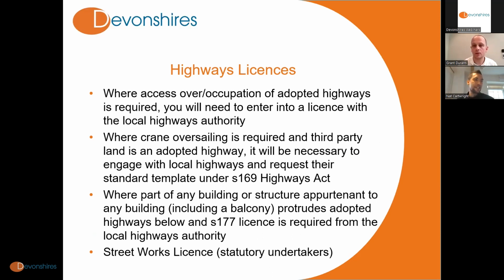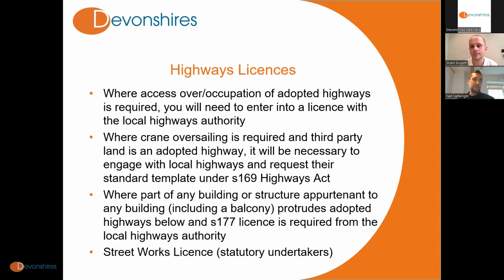It'll also set its own fee for a scaffolding license or an oversailing license, and that'll be in connection with a specific time frame. So if you need longer than that time frame, they would just increase the fee, but it's usually set out in quite a clear table structure on their website. So if you go on any local authority website, you can usually find a link to their highways template licenses.